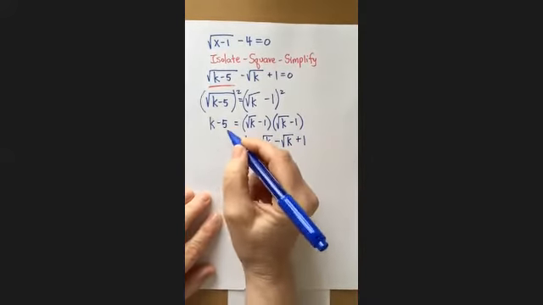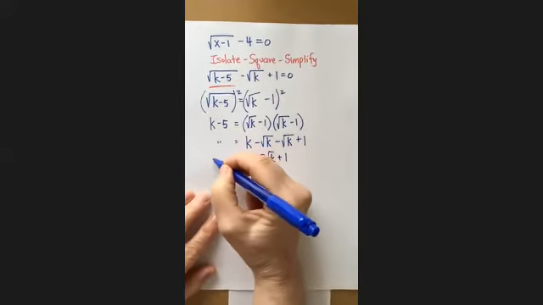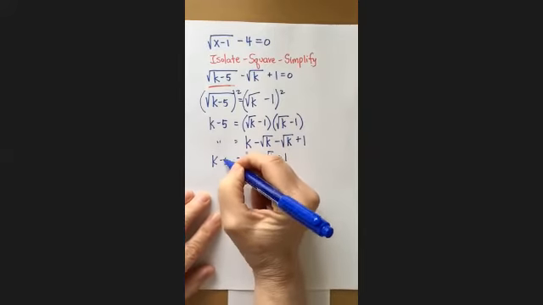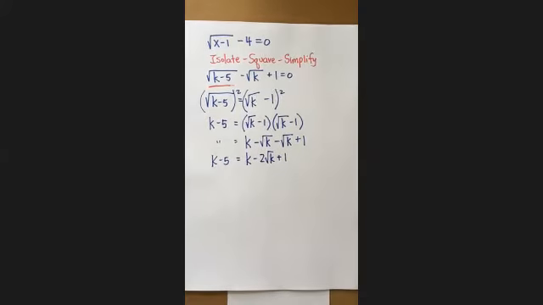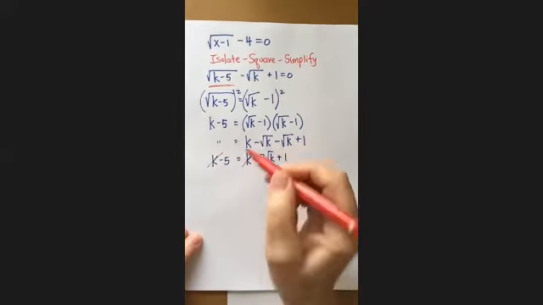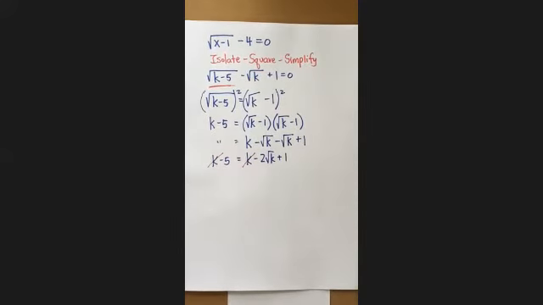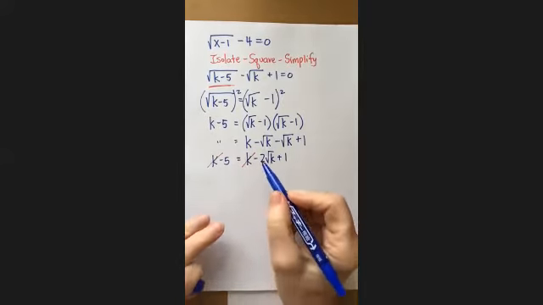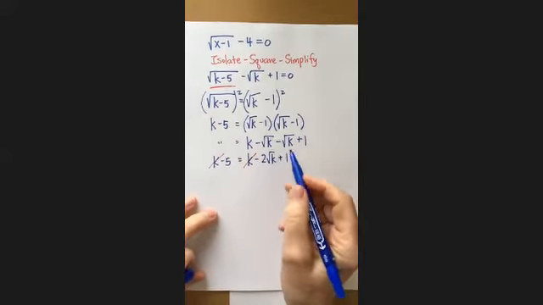And this side of the equation was still k minus 5. And here we see that we have k on both sides of the equation. So we can just go ahead and subtract k from both sides of the equation. And now I'm not really fond of working with a minus 2 square roots of k.